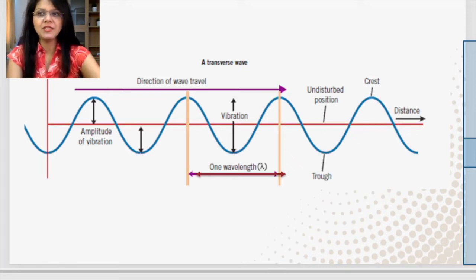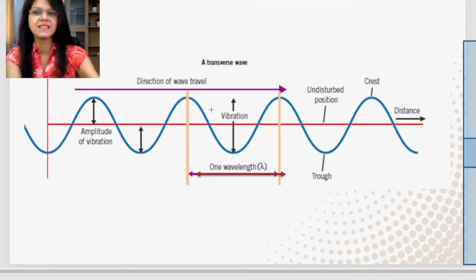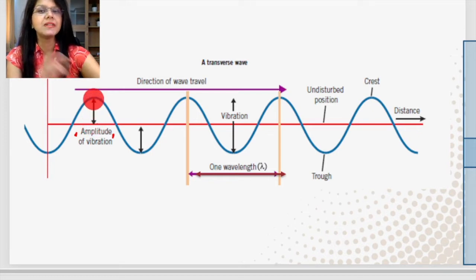So what is amplitude? Amplitude is the distance from your center line. If you see, the amplitude is marked here. Amplitude is the distance from the center line to the crest, or it is the distance from the center line to the trough. Both of them are your amplitude.